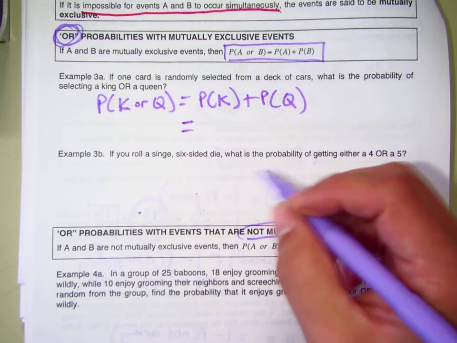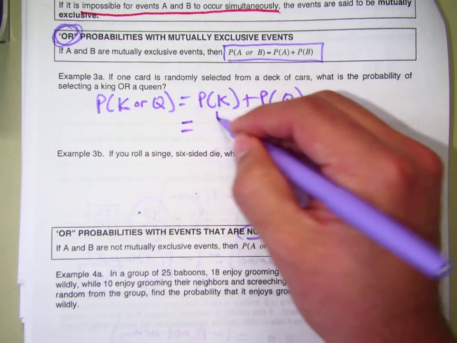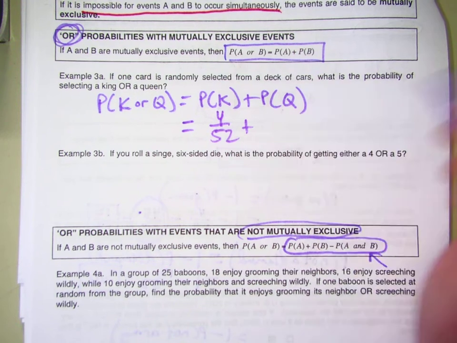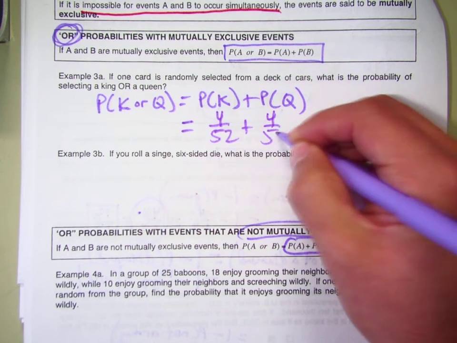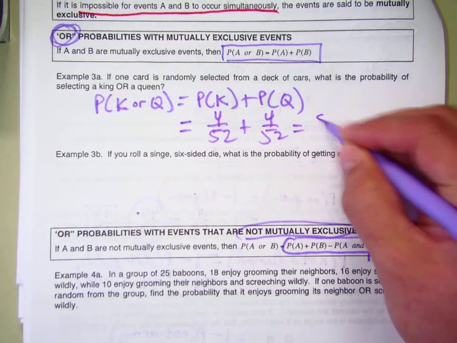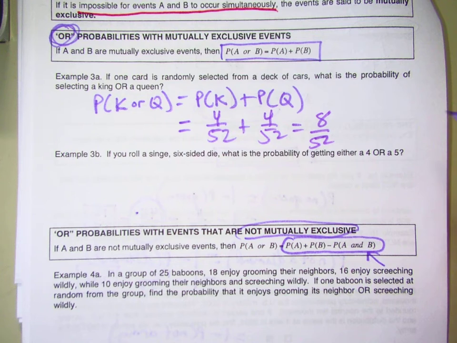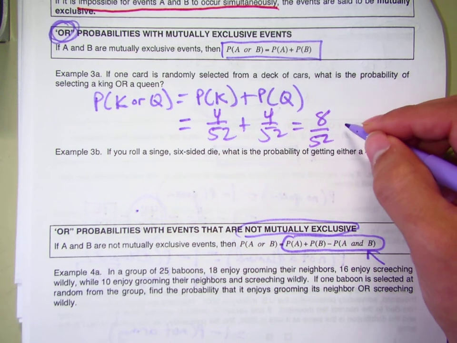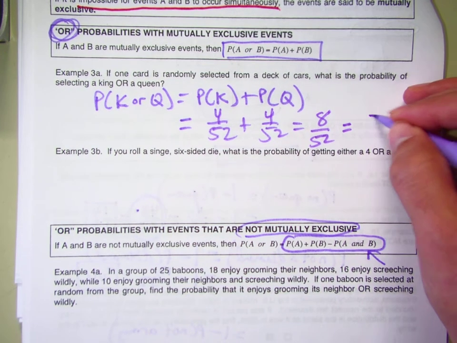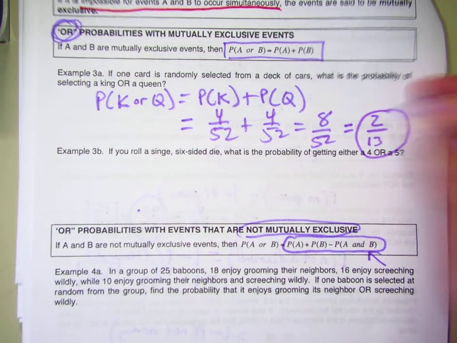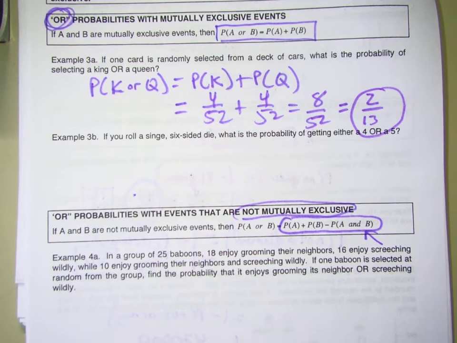Okay? So how many kings are in the deck? 4. How many queens are there? 4. So final answer is 8 out of 52, which reduces to 2 out of 13. Okay? Does that make sense? Yes.